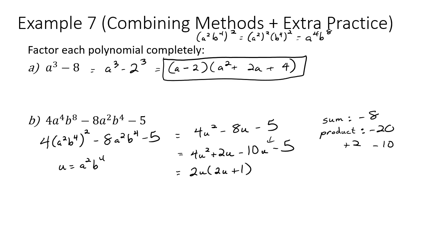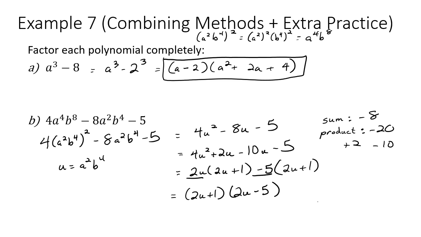And I want to get rid of the minus sign, so I'm going to factor out a minus 5 from the second two, which would also leave me with 2u plus 1. Pull the 2u plus 1 out in common, which would leave us with 2u minus 5.